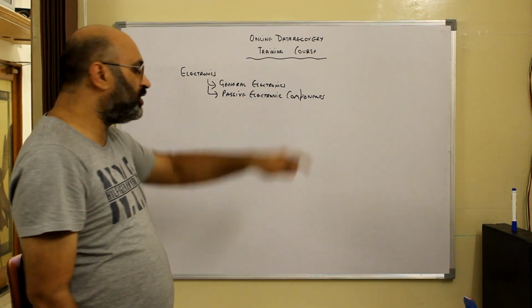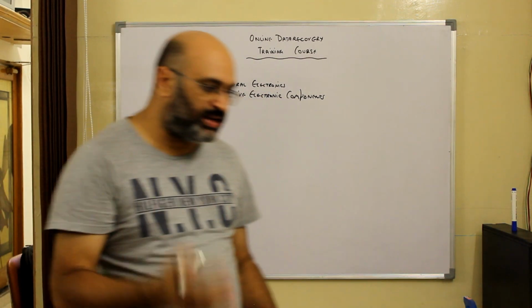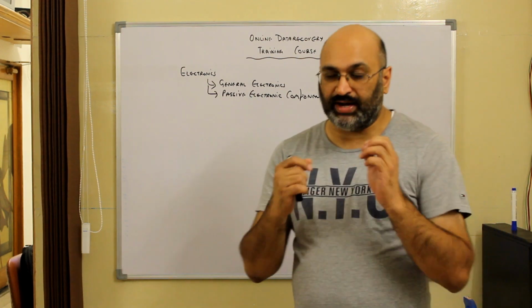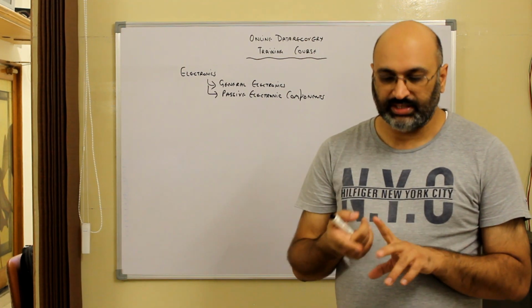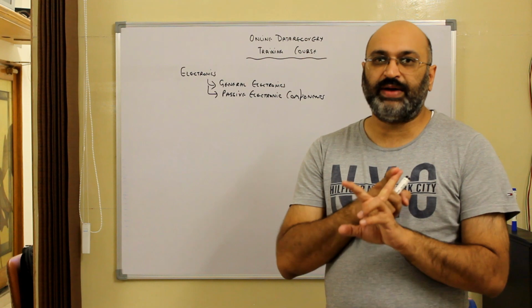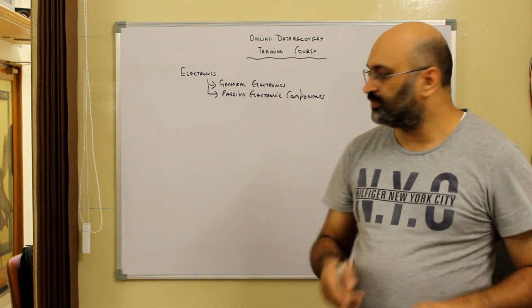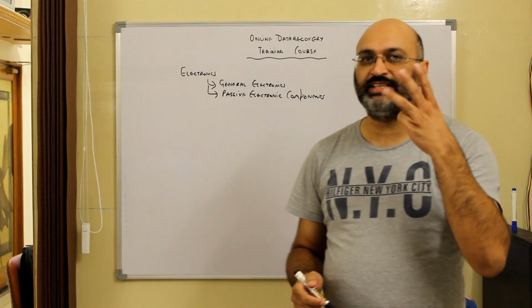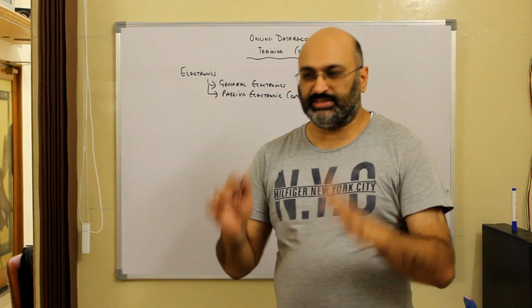In passive electronic components we will cover three main electronic parts: the resistors, the capacitors, and the inductors. So the passive electronic components sub-module will cover these three main devices.